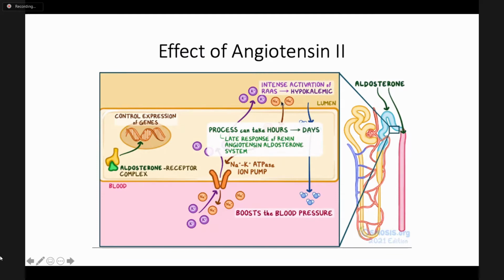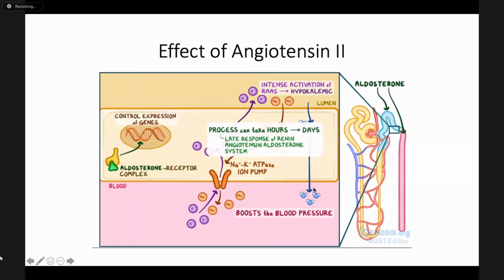Okay. So water, as usual, will follow sodium. Sodium gets reabsorbed here, so actually it is an active process by the sodium potassium ATPase pump. Then when the sodium concentration is low, sodium from the tubular lumen will enter here via the ENaC channel, and then it will be reabsorbed back to the circulation.